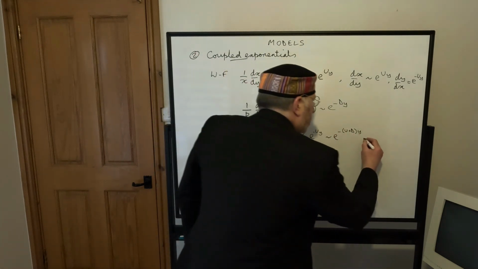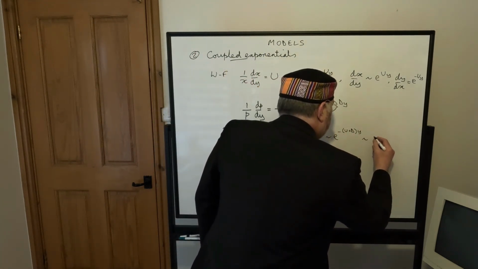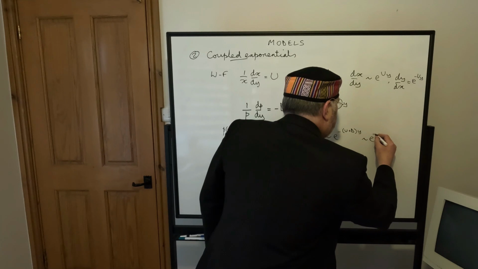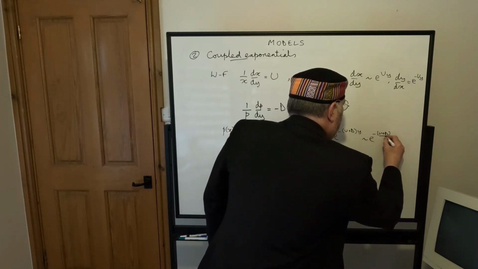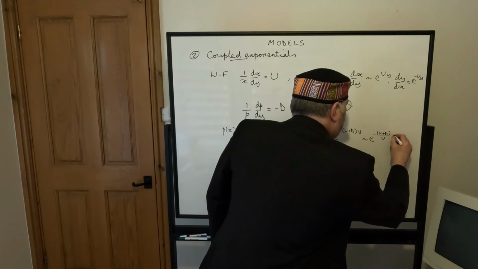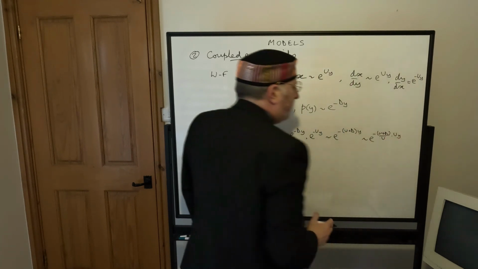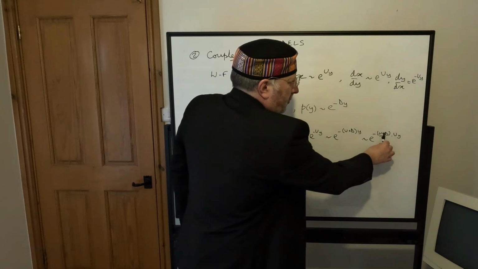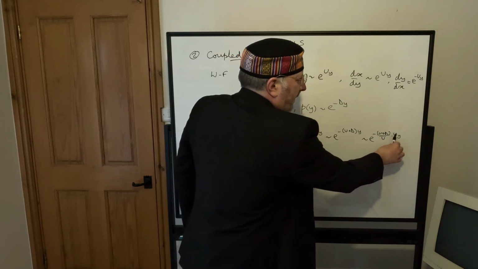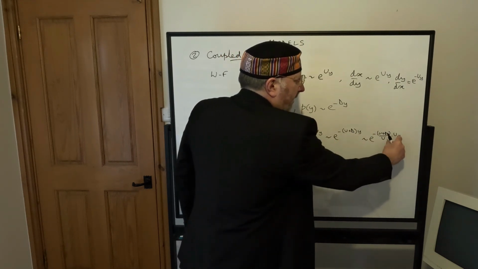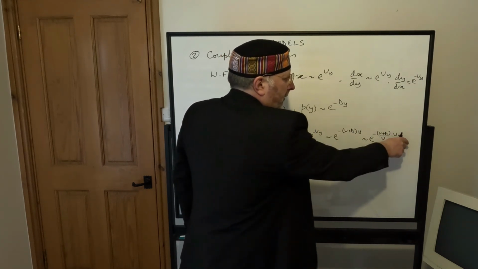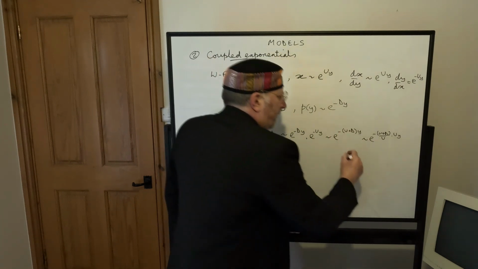So the little trick is we're going to write this as e to the minus u plus d over u times uy. So that says u plus d over u, and there's a u there as well, so the u's cancel, so it's actually just the same thing, but I've introduced a u on the bottom and a u on the top.